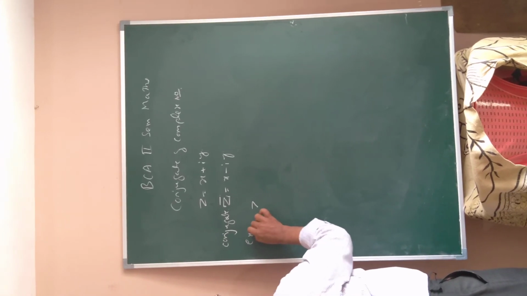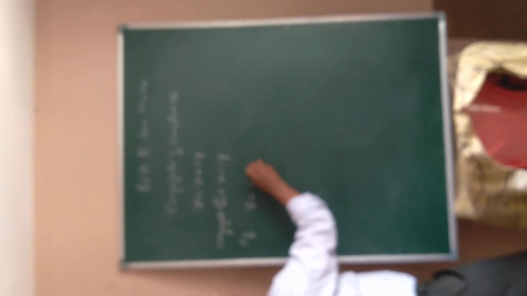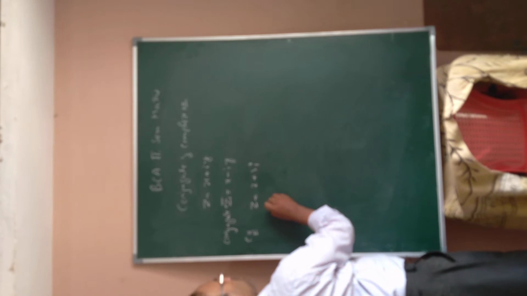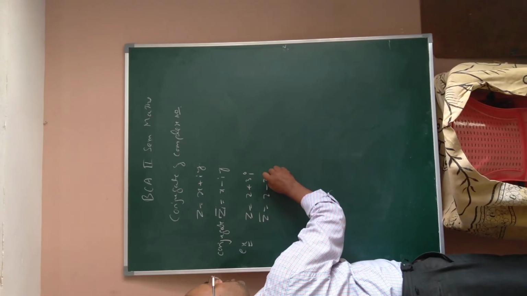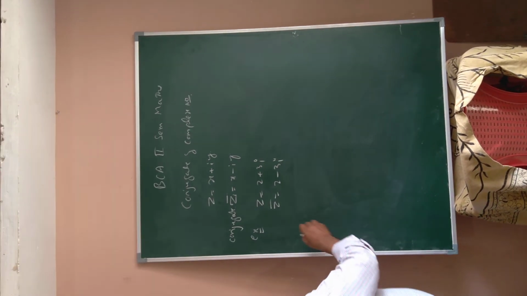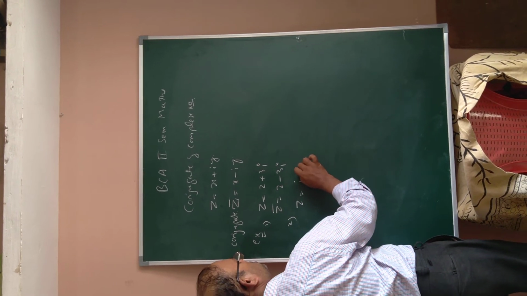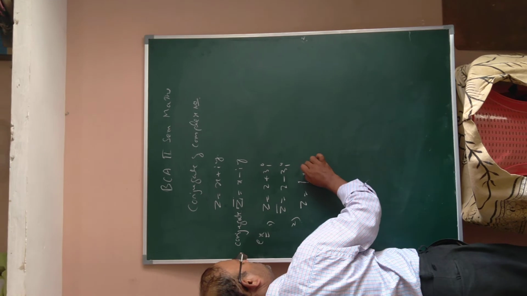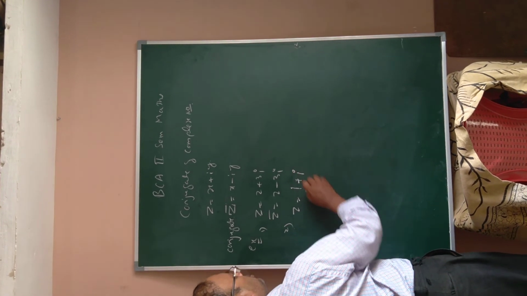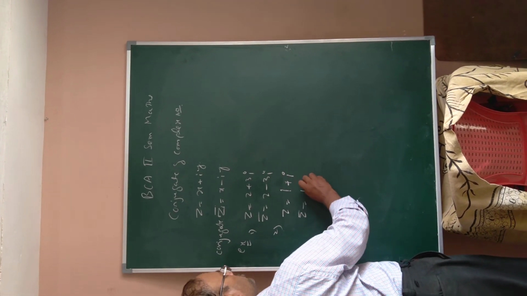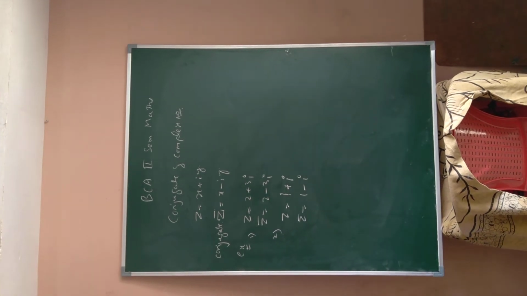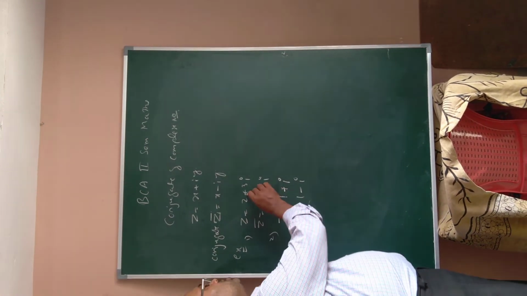Example, z is equal to 2 plus 3i. Z bar is equal to 2 minus 3i. Second one, z is minus 1 plus i. Its conjugate z bar is equal to minus 1 minus i. Just change the middle sign.